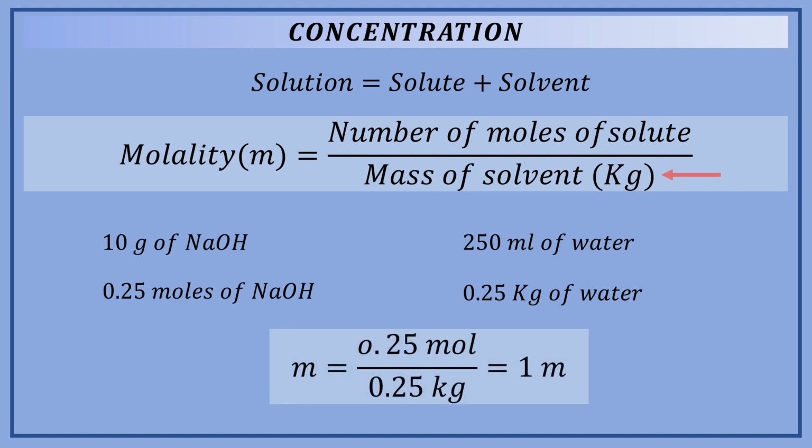Putting these values in the definition of molality, we will get 0.25 moles of solute divided by 0.25 kg of water, that is the solvent. Hence this solution will be labeled as 1 molal.